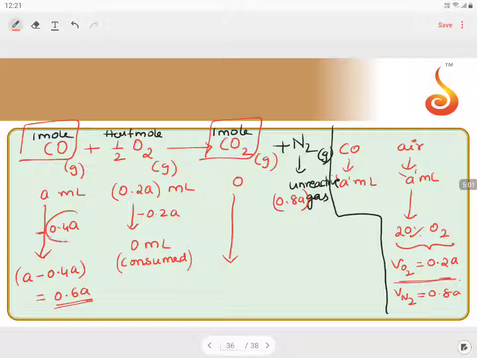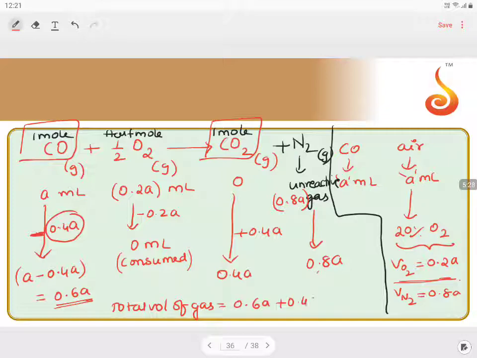How much carbon monoxide reacted? 0.4 A. So that much carbon dioxide will be formed, 0.4 A, and your nitrogen still remains unreactive, 0.8 A. Now, what is the total volume of the gaseous mixture? 0.6 A plus 0.4 A plus 0.8 A, which is equal to 1.8 A.